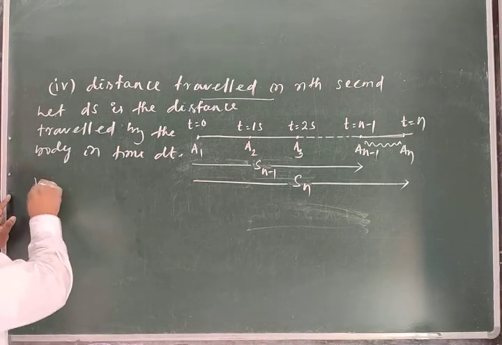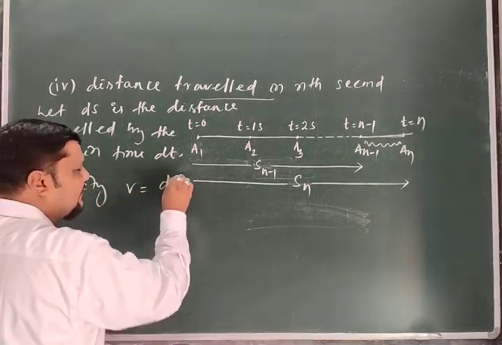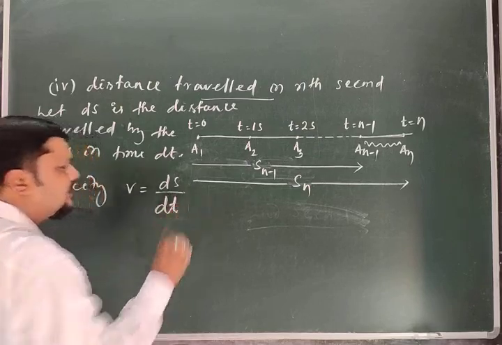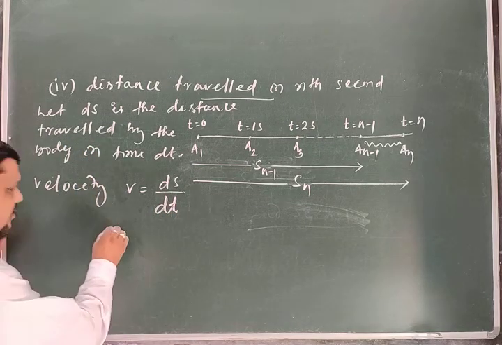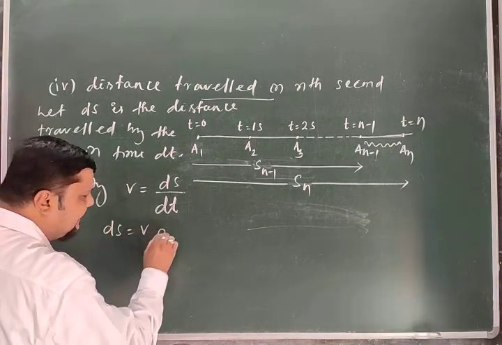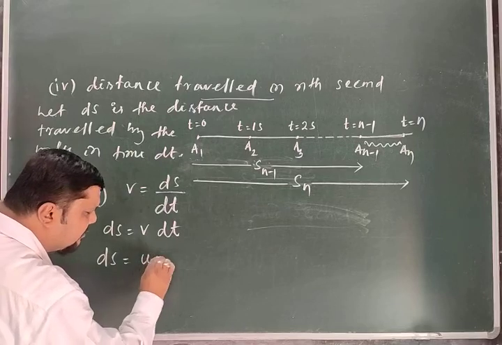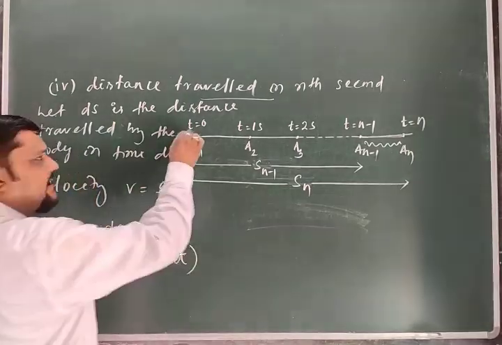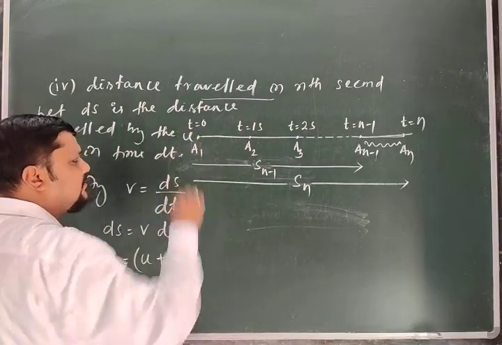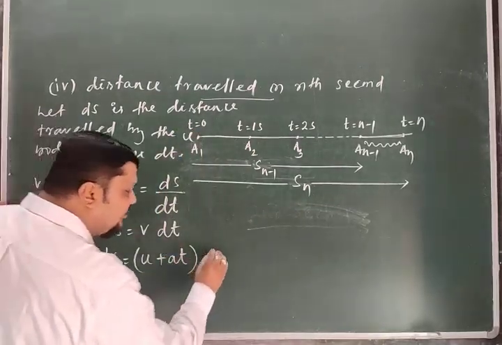Then the instantaneous velocity v is equal to ds by dt. Now as you know, ds is equal to v dt. Then ds is equal to, what is v? u plus at. Already you know the relation. If it starts from u, suppose at t it is u, so u plus at, with uniform acceleration, in time t into dt.